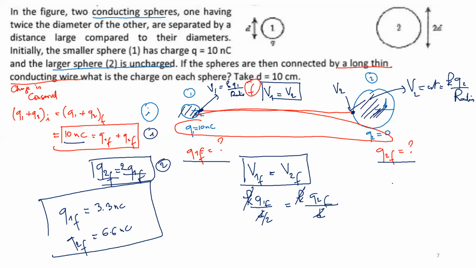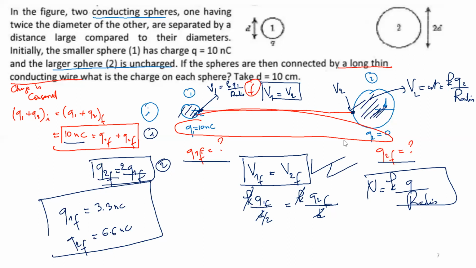The potential inside and at the surface of a conducting sphere is just K Q, where Q is the charge of the sphere, divided by the radius, as we demonstrated before. You use that and you see this. So this is a key equation here.